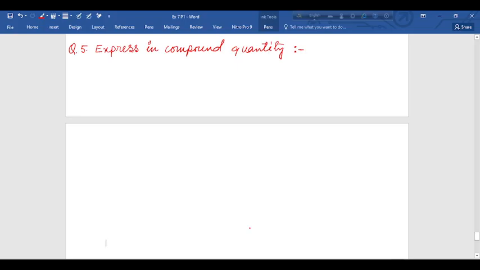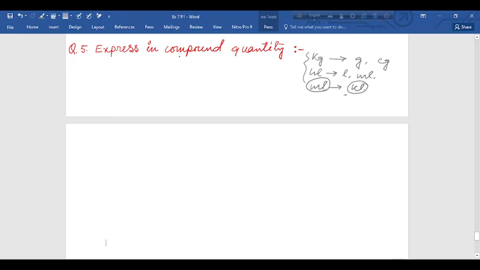Today I am going to start question number 5 of exercise 7, which says express in compound quantity. What is that? Before, we had converted from kg to gram or centigram, or hectoliter to liter, or milliliter to kiloliter, like from one particular quantity to another particular quantity.